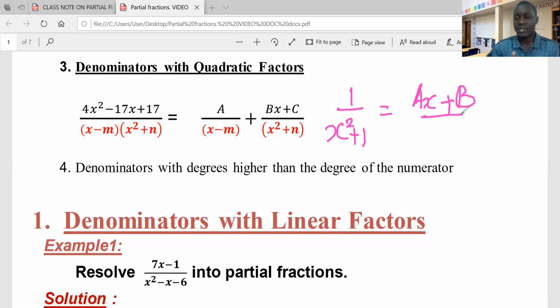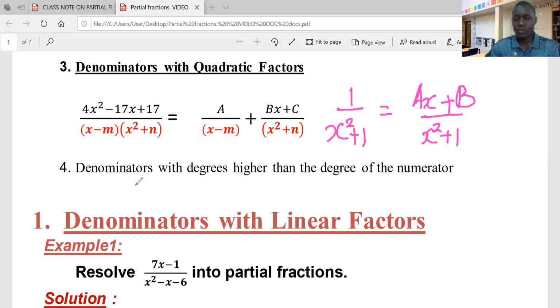Why am I rewriting this? Just to tell you that you can choose whatever letters you want to use to represent your constants. So this is the exact form of the decomposition for this particular kind of compound fraction or rational function.